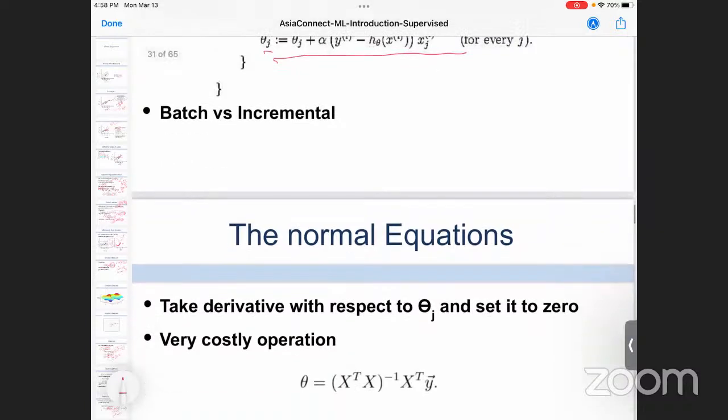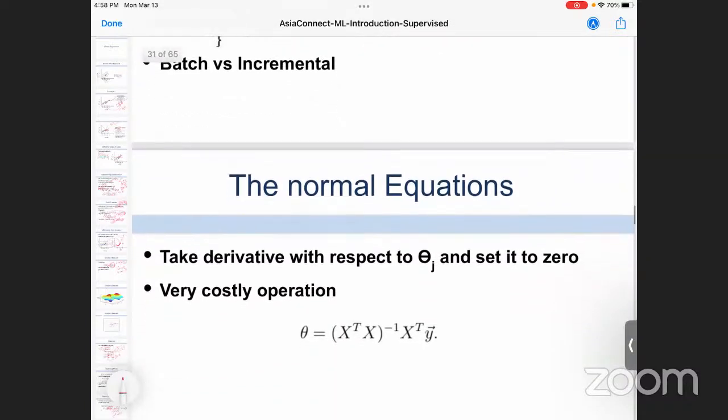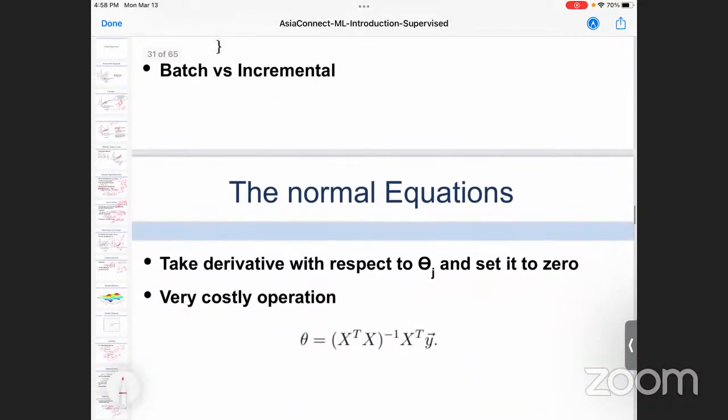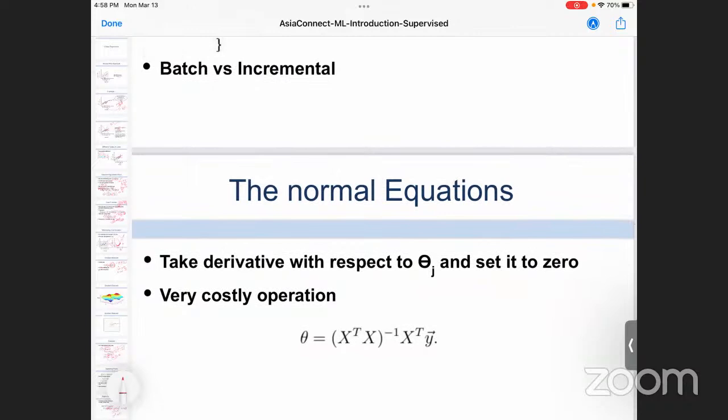Just one point. From elementary calculus, you know how to find the minimum of a function, right? How to find the value of theta which will give you the minimum of J theta.